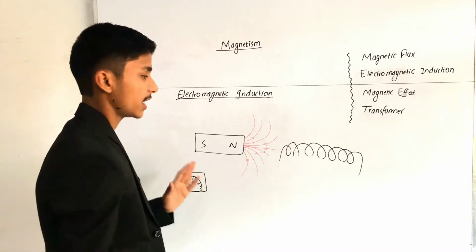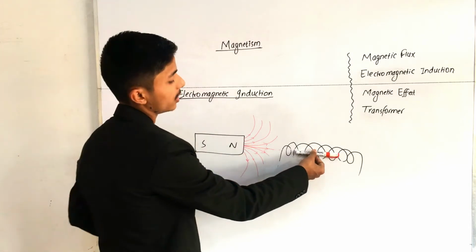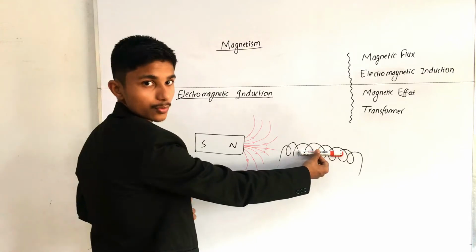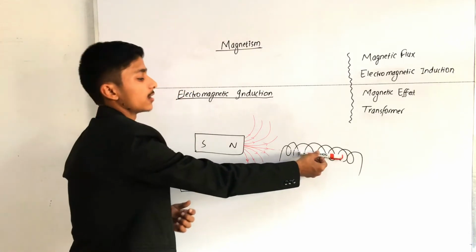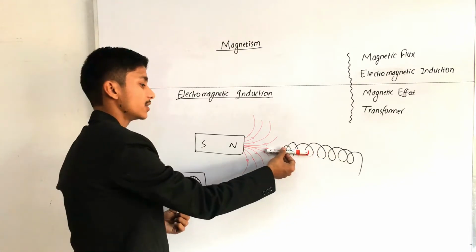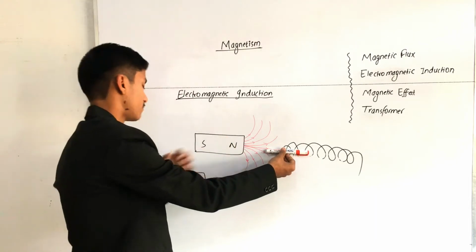What happens, once again you listen. Suppose this is a coil. When this coil is at rest, then the galvanometer shows 0. And when this coil is moved toward this magnet, it changes the magnetic flux of this magnet.